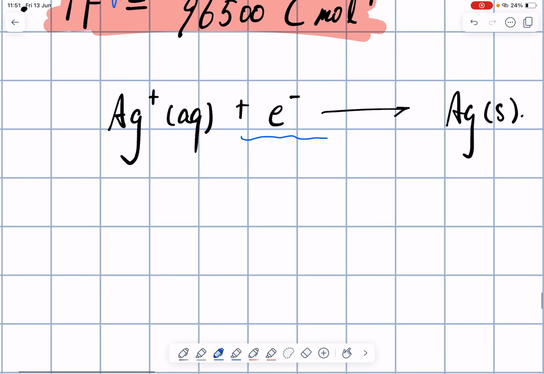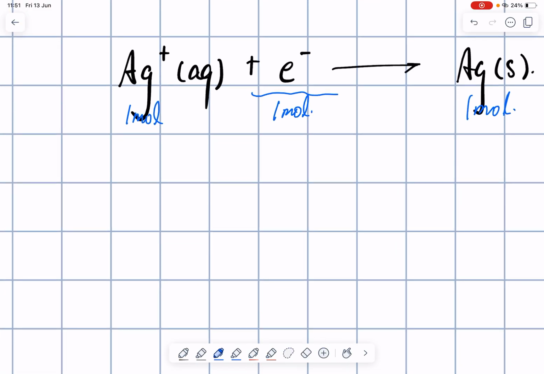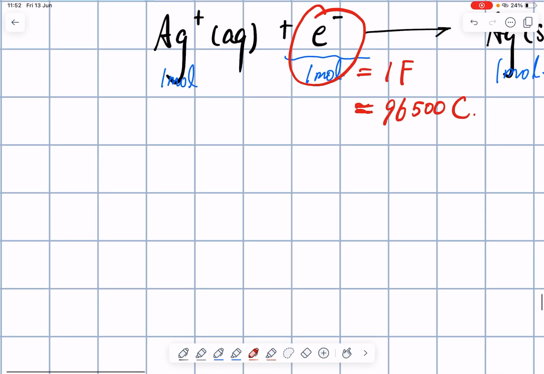So if we want to obtain 1 mole of silver solid, we need 1 mole of silver cation and 1 mole of electrons. And the charge carried by 1 mole of electrons is equal to 1 Faraday, which is also 96,500 coulombs.